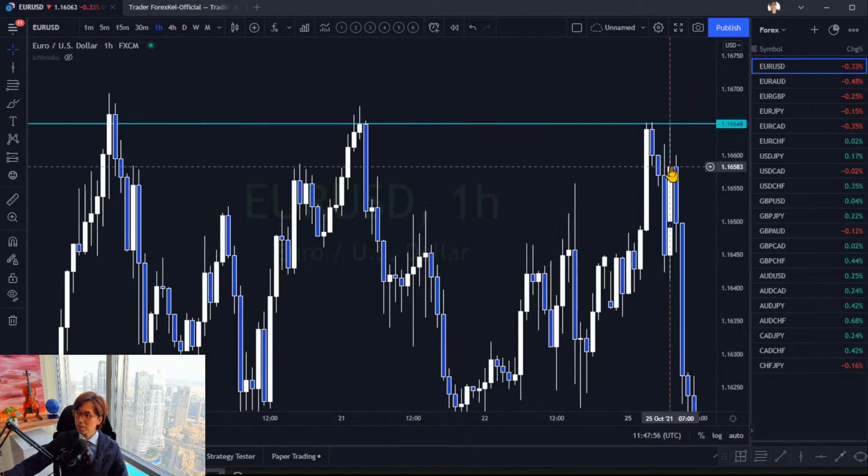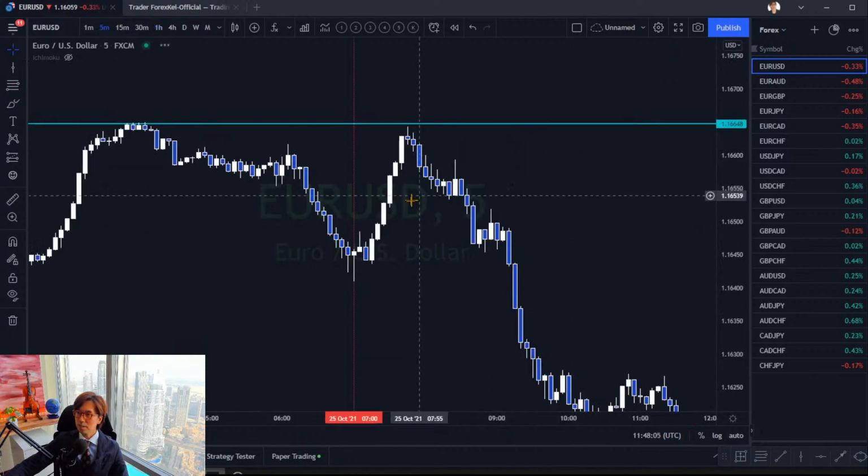The market went up and down, and that's why there was a wick pointing upwards. In the 5-minute chart, it was this move that made the wick in the 1 hour chart.